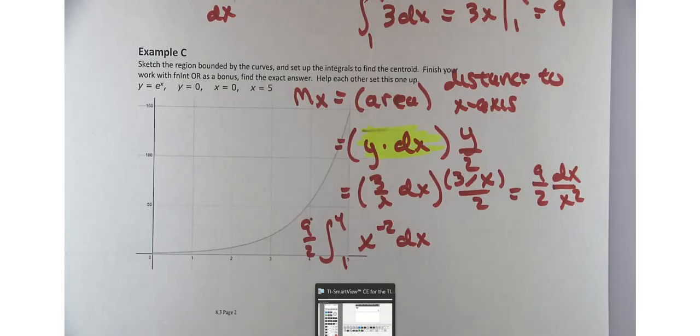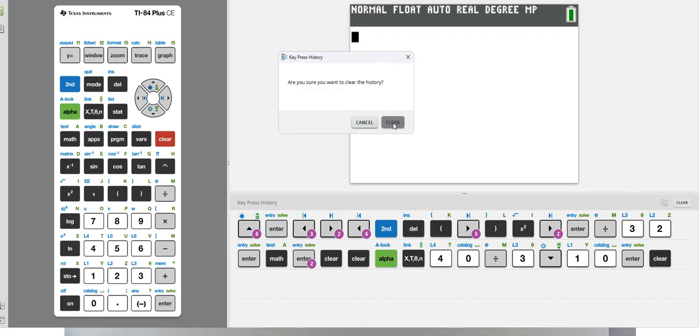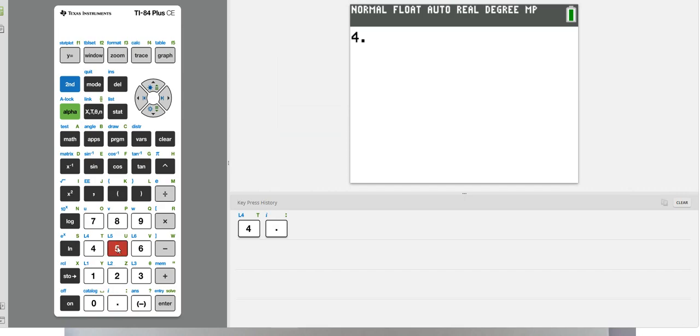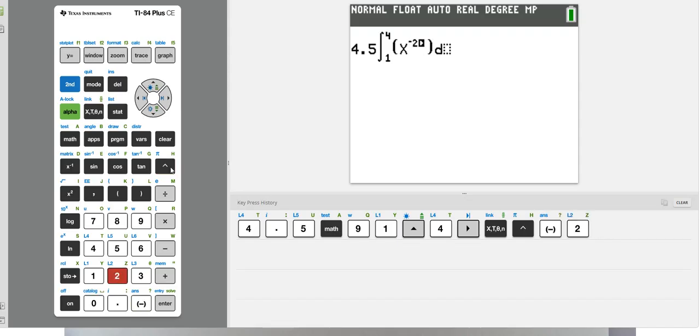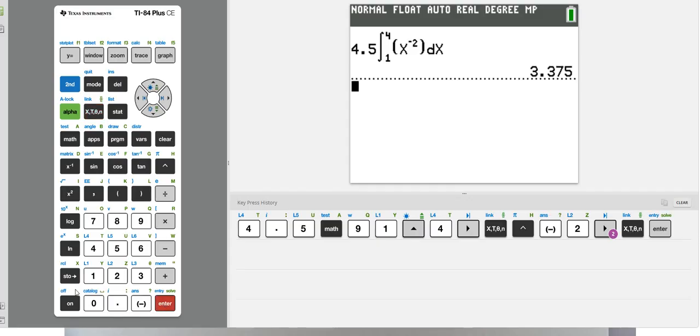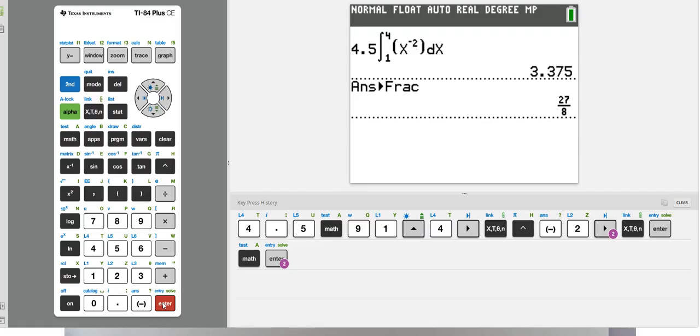That's a polynomial type term, so let's just try to do the happy ending thing here with f and int. 4.5, math 9, 1 to 4. This time I want to do x raised to the negative 2 dx. 3.375, 27 over 8. So 27 over 8.